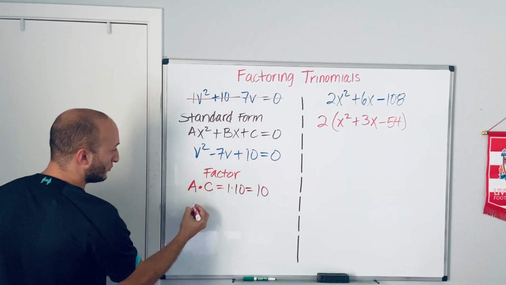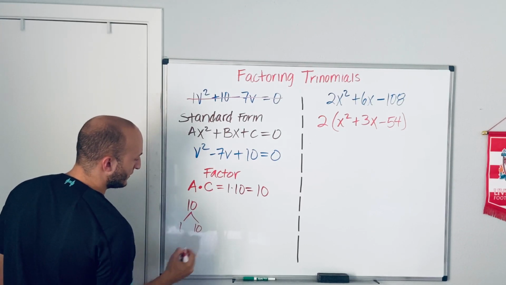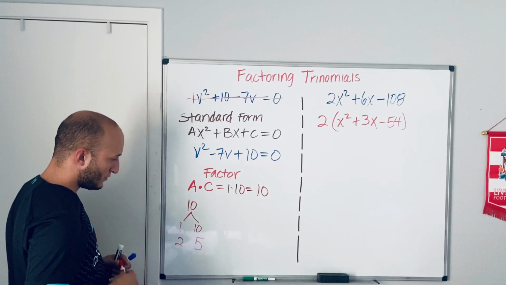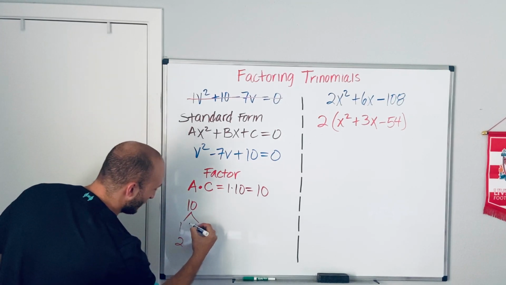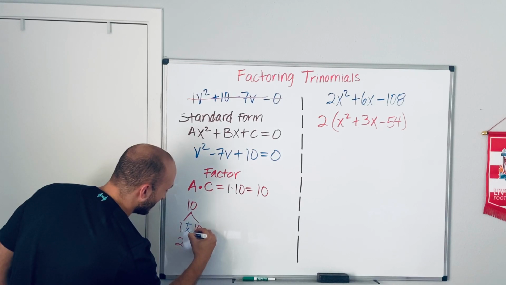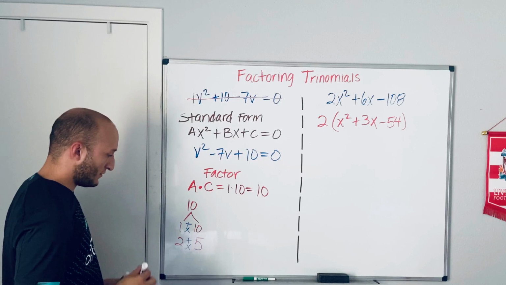So I'm gonna find multiples of that 10 and list them off: 1, 10, 2, and 5. I've heard some people call this Texas. I was never taught this way, but it makes sense. I like it.